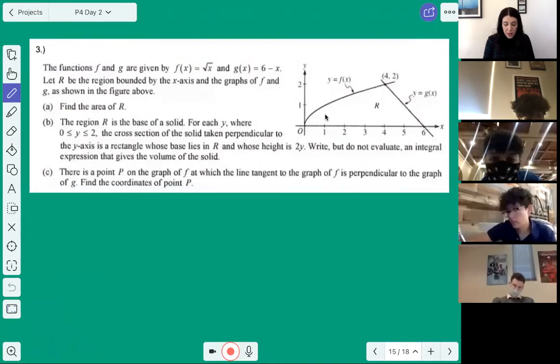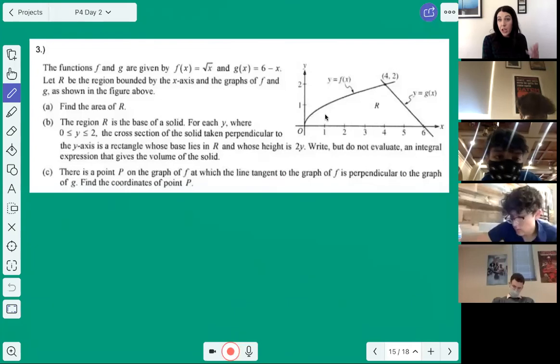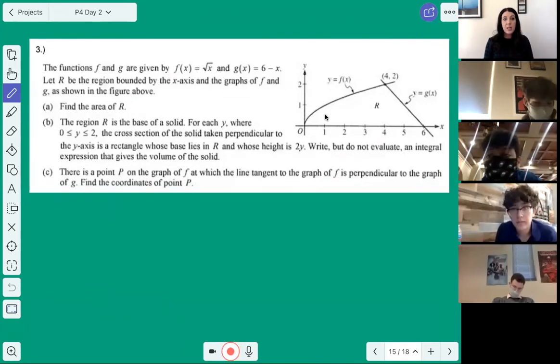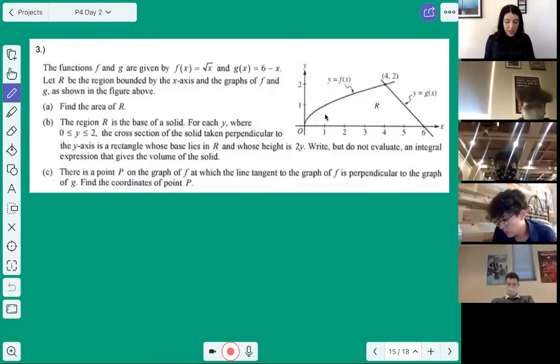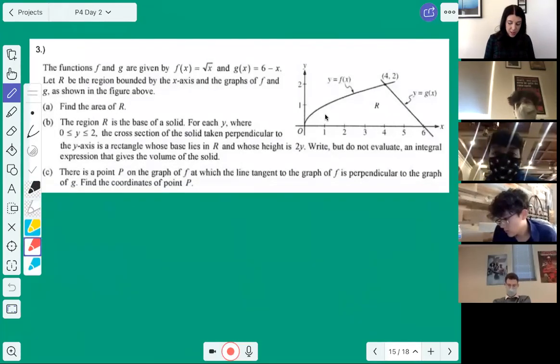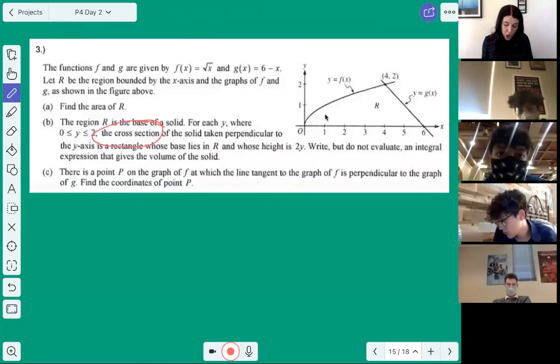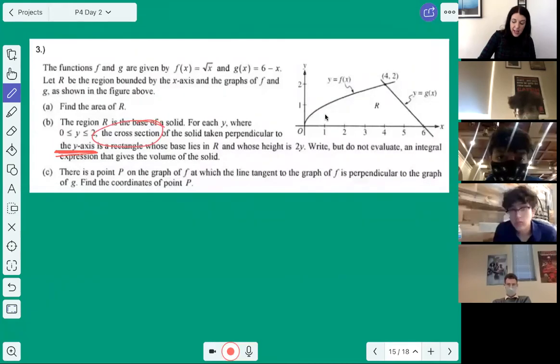Next problem says the region R is the base of a solid. And we're actually going to need to use this with respect to y for this one. So it says for each y, the cross section, so this tells us we're doing a cross section perpendicular to the y-axis this time. So cross section perpendicular to the y-axis means I'm taking a slice this way instead.